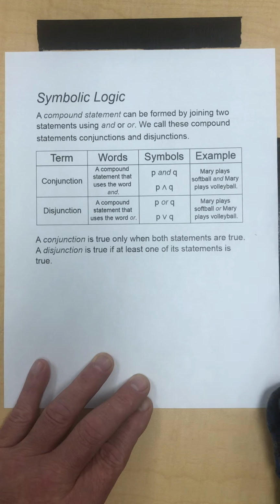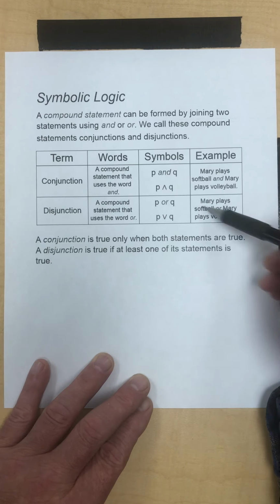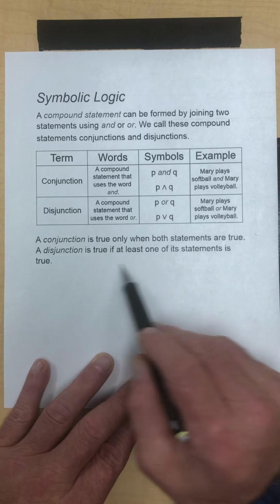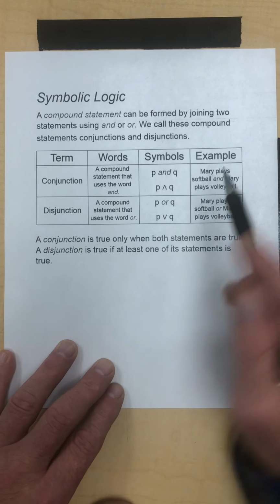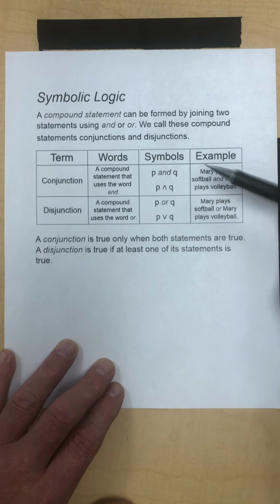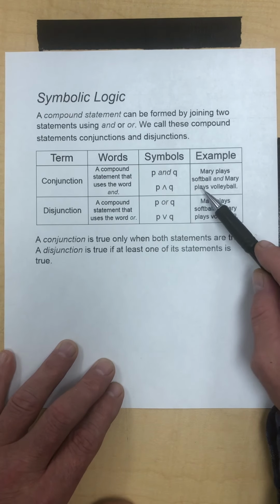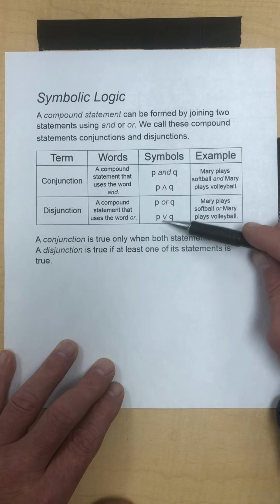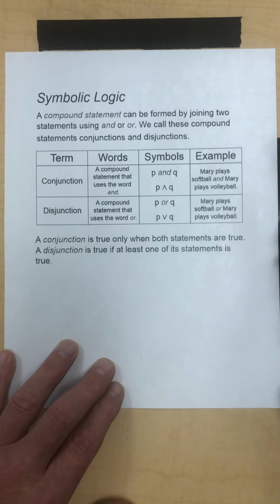Okay, and just as an example, I actually just came up with some statements. Now this is really important down here. A conjunction, and, is only true when both of these statements are true. A disjunction is true if at least one of these statements is true. So for instance, this example would only be true if Mary plays softball and volleyball.